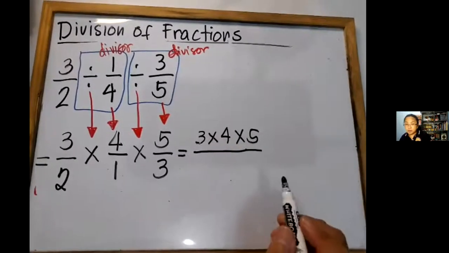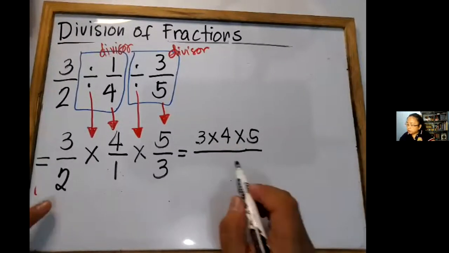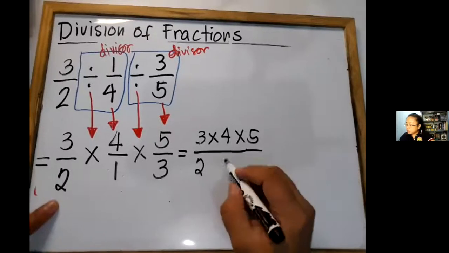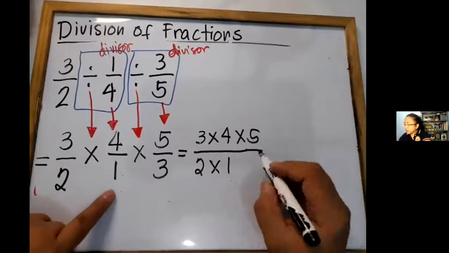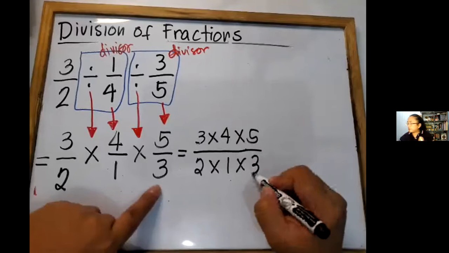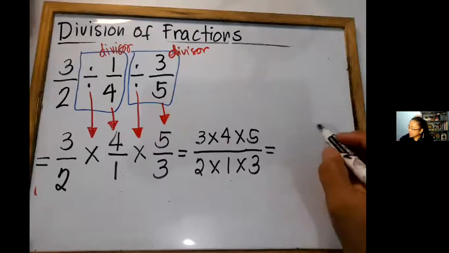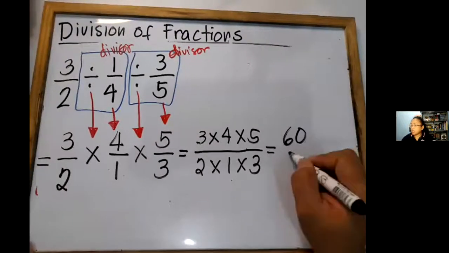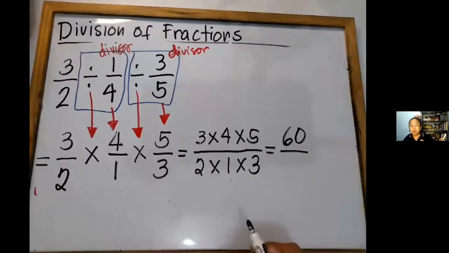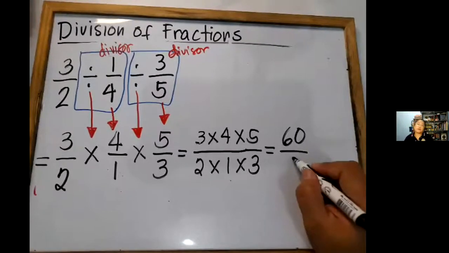Then, the denominators together, we have 2 times 1 times 3. Okay? Then what is 3 times 4 times 5? That will be 60. And then 2 times 1 times 3 is 6.